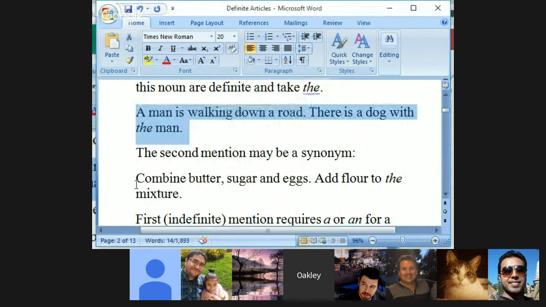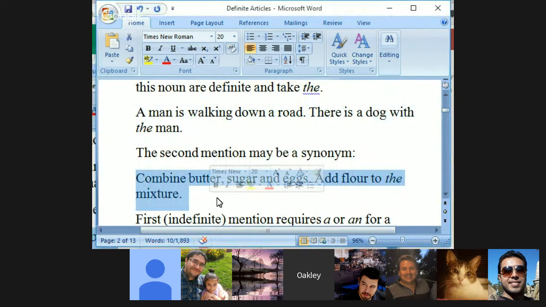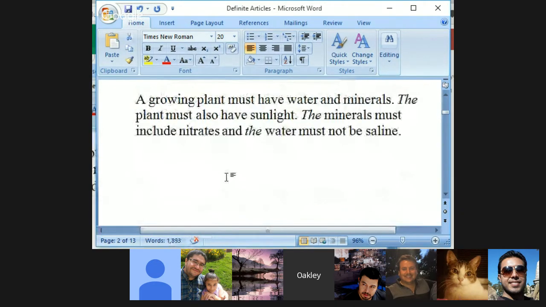Two sentences wherein you're going to use maybe a or an with a countable noun, or nothing with an uncountable noun. And then in the second sentence, you'll use the same noun again, which would require the. Well, let's give it a try. Make sure you got this first most basic concept.